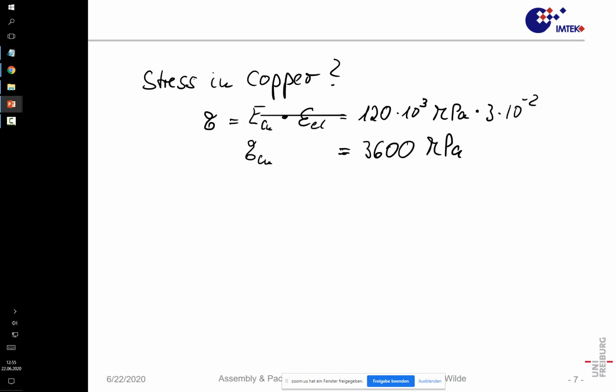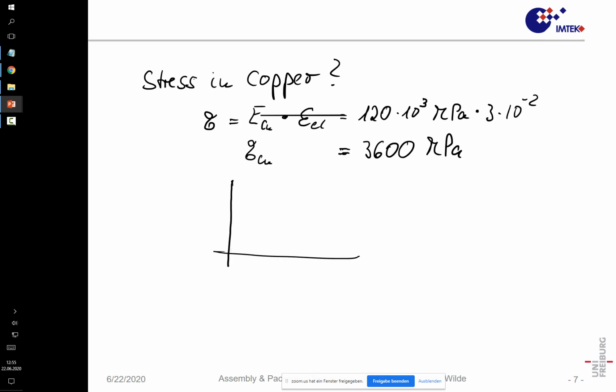Is that realistic? Is it a low value or a high value? Yeah, it is too high, and the reason is we just did only a purely linear elastic computation.